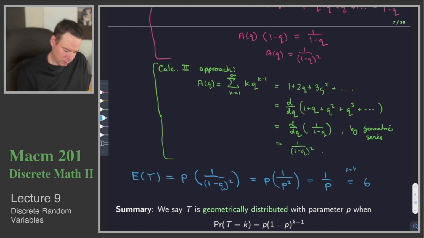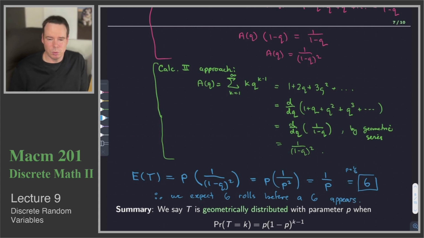So since p is 1/6, we get a value of 6. So therefore, we expect 6 rolls before a 6 appears. So in other words, we expect to have to roll the die 6 times before we get a 6. We may get lucky, get it earlier. We may get unlucky and get it later. But on average, we expect to roll the die 6 times before a 6 appears.